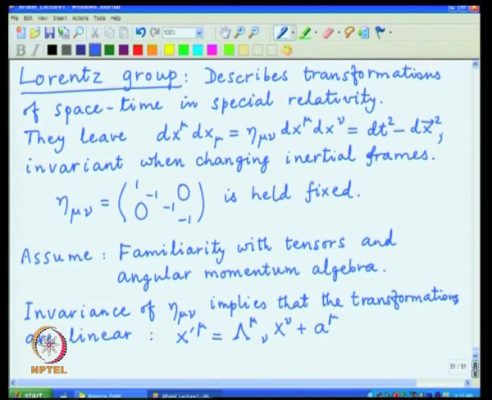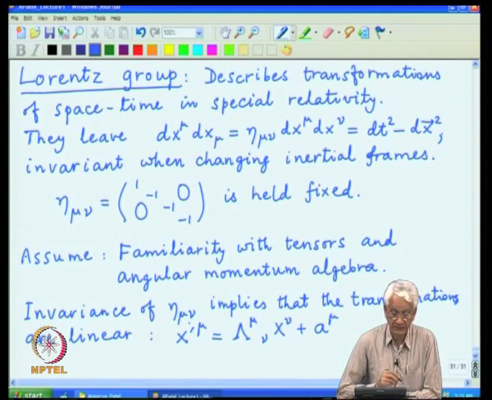So, this will make dx prime by dx factors which appear in the transformation of the metric constant. But because the metric has two indices, there will be two such factors appearing when one writes down the transformation rule for eta, and the fact that eta remains the same means the product of two such lambda matrices has to be such that it produces a factor 1.